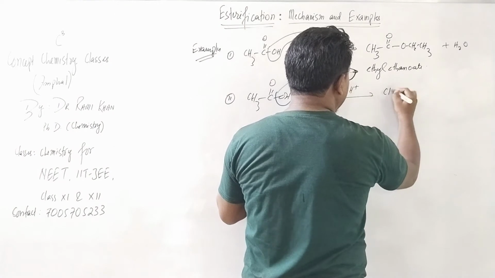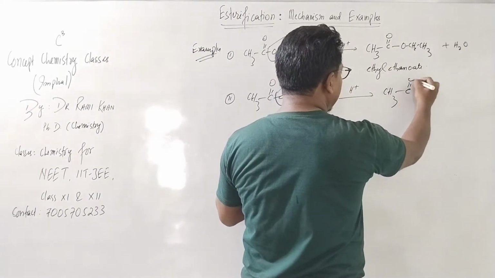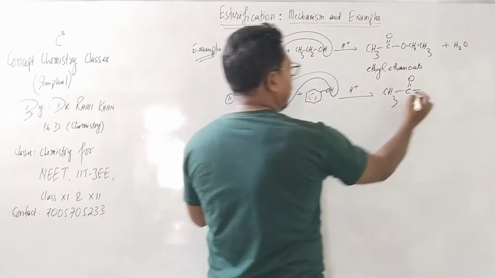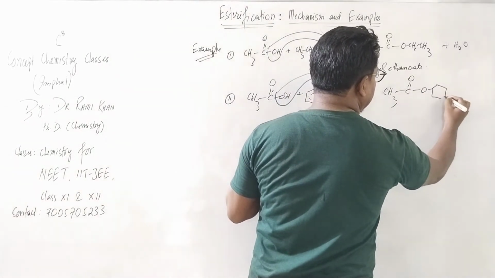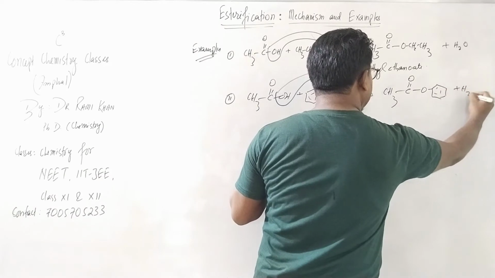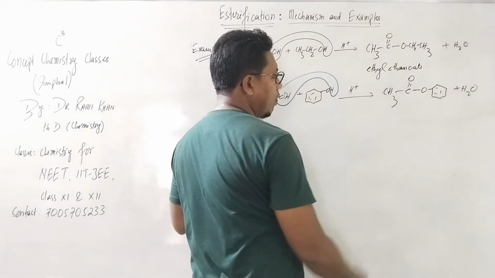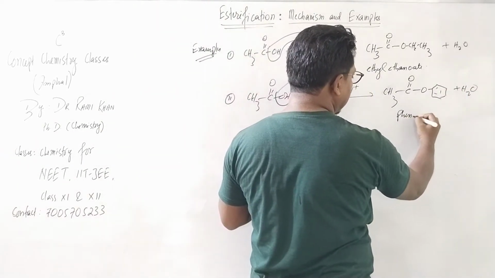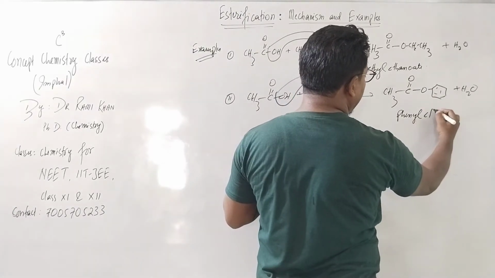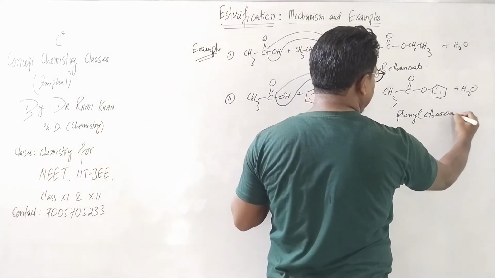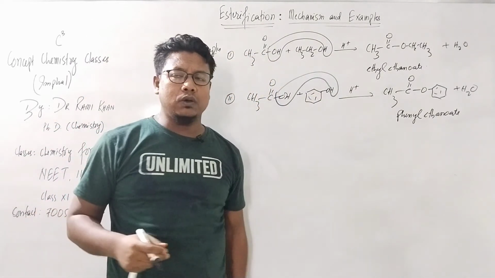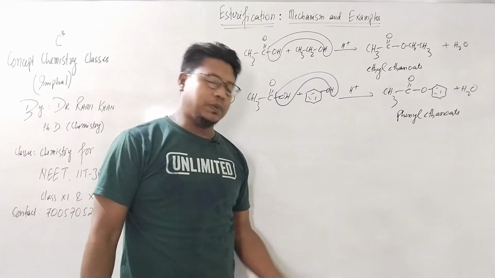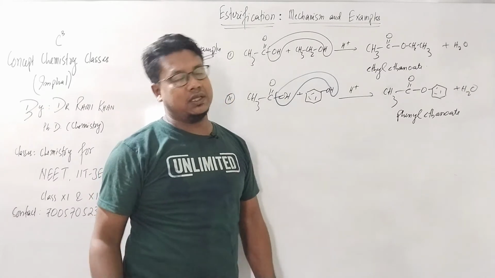So we will get CH3C double bond O and phenoxide ion, right? This is called phenyl ethanoate, right?